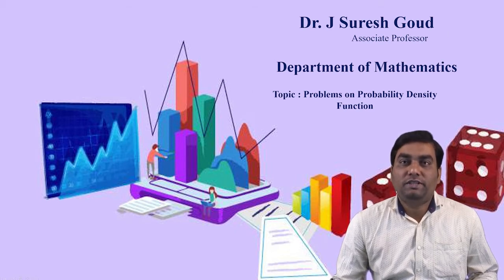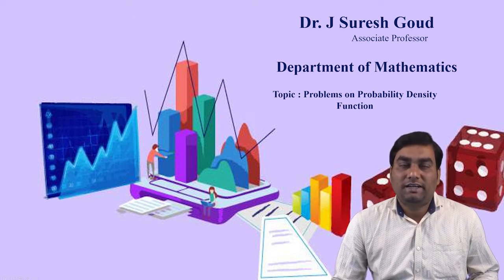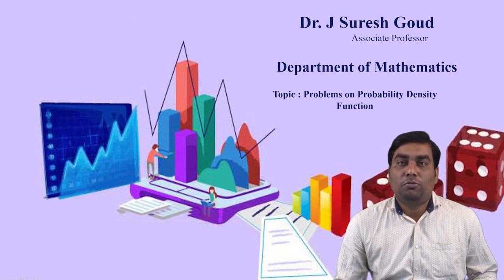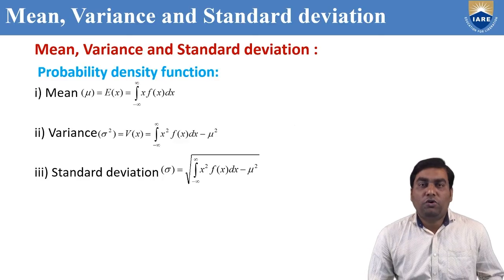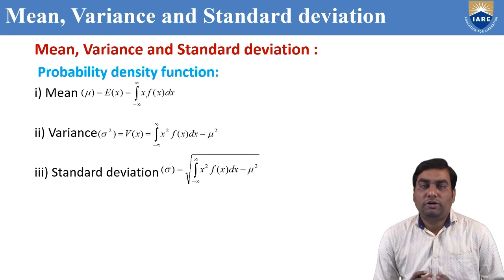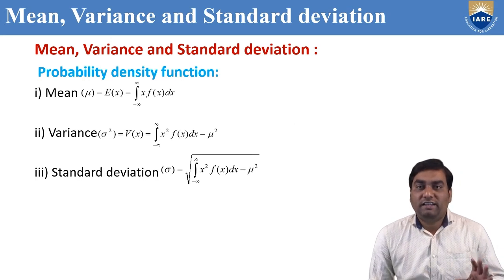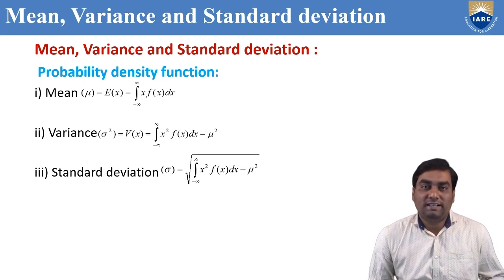Today, we are going to discuss the topic on probability density function. We are going to discuss different types of problems on probability density function. Before that, when is a function a probability density function?